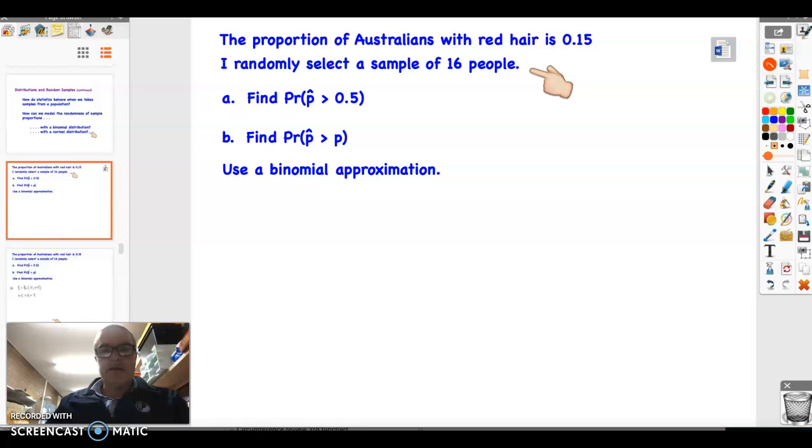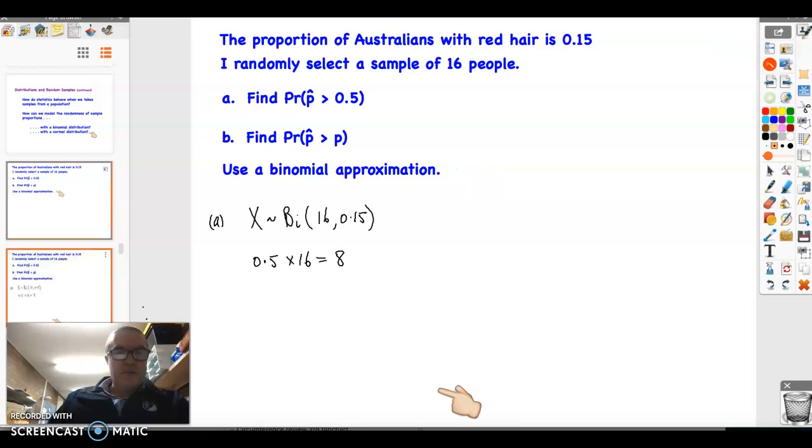Based on that 15% and based on the size of the sample, we're going to find the probability that the sample proportion given by this p hat is greater than 0.5, and we're going to find the probability that the sample proportion is greater than the population proportion. And for this question we are using the binomial approximation.